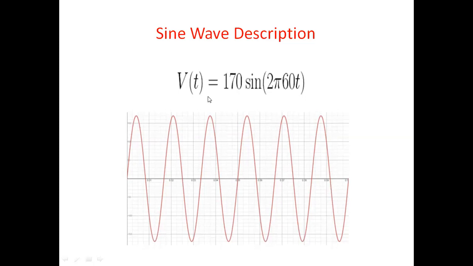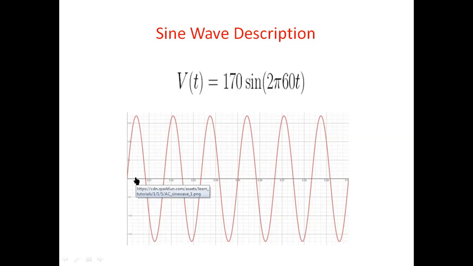We can express that in equation form. Here the equation is written: V of t equals 170, that is the amplitude of voltage, sine 2 pi 60 t. 60 is the frequency, that is 2 pi f t, where f is 60, the frequency in hertz. We can see the graph for that equation.